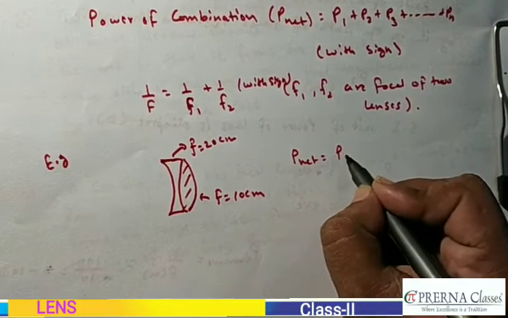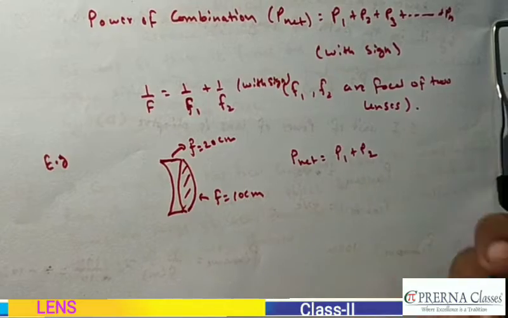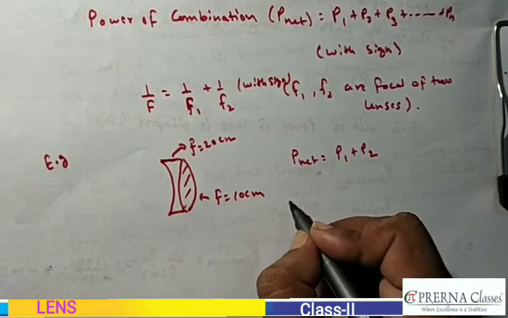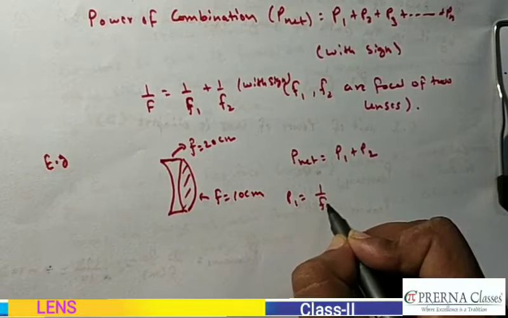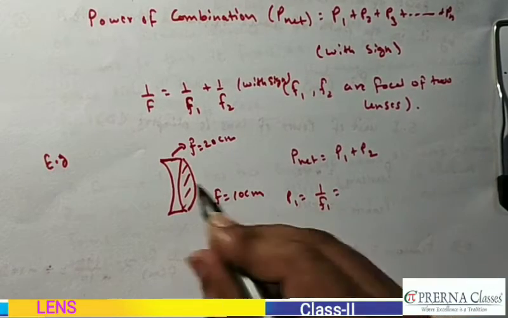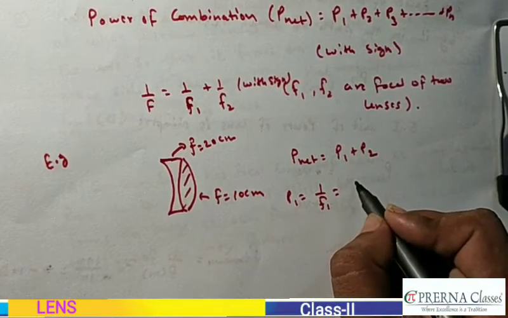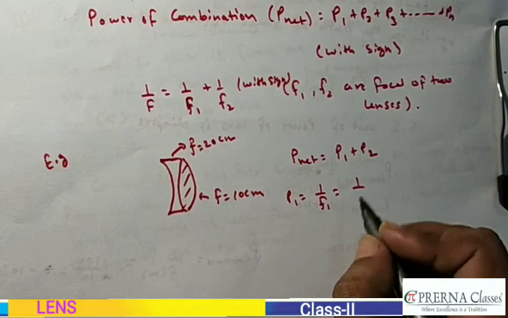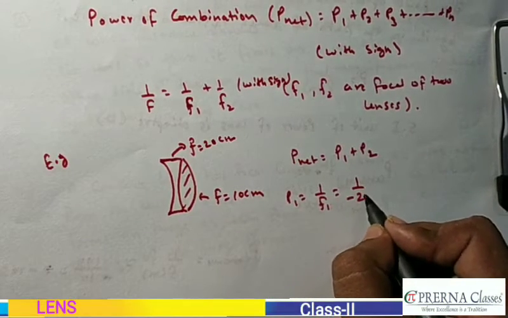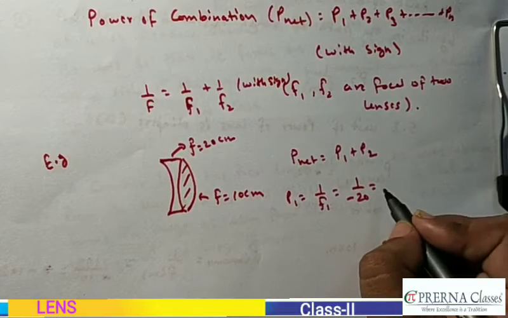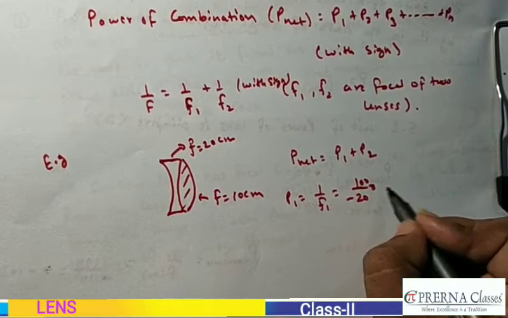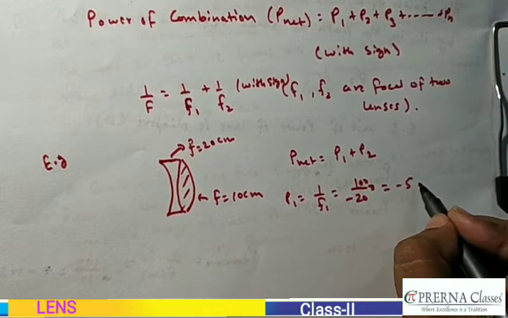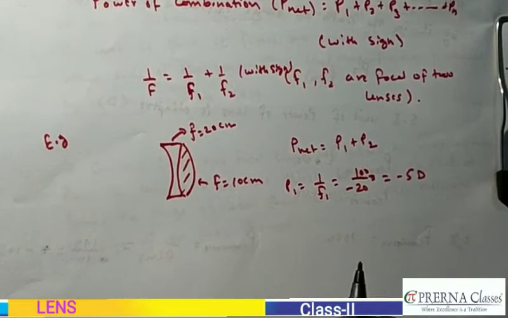P net will be P1 plus P2 with sign. First P1 will be 1 by F1. F1 is the concave lens, so it is 100 by 20. It comes out to be minus 5 diopter.